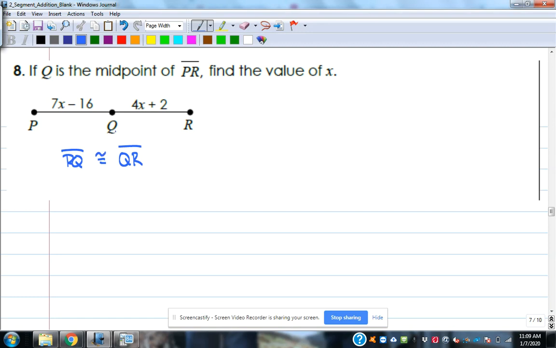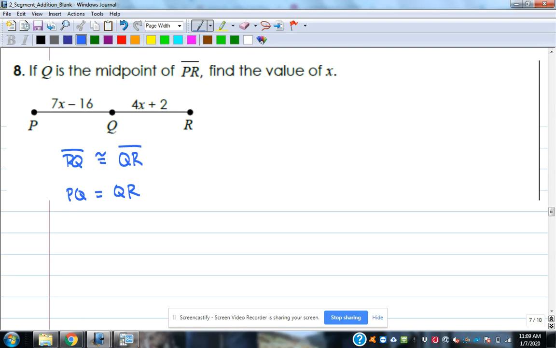So equal sign with the little squiggle above it, that's the congruent symbol. And because the segments are congruent, what do we know about their lengths? That they're the same. So we could take the hats off and say PQ is equal to QR, right? So this is the geometry part. We're going to do the algebra next, but the geometry part is the object statement and then the measurement statement that allows us to do the algebra part.